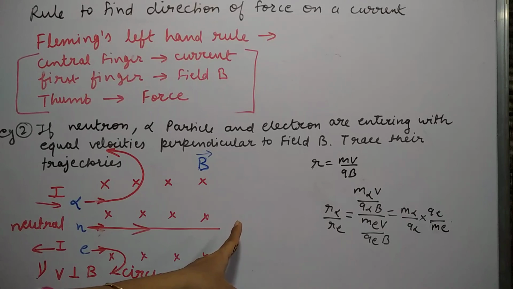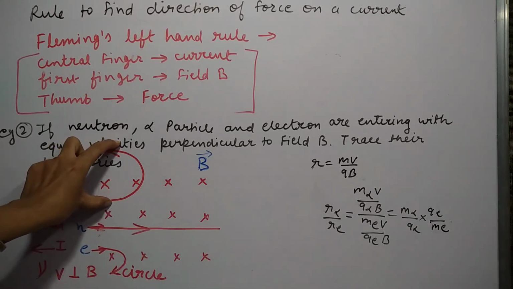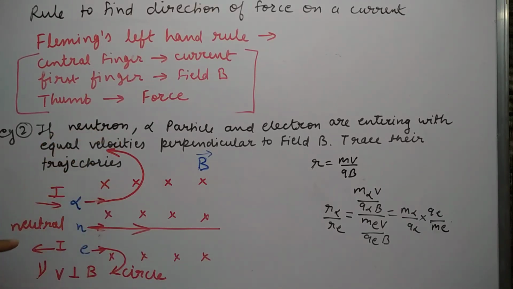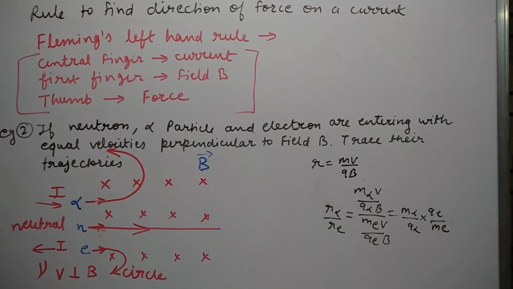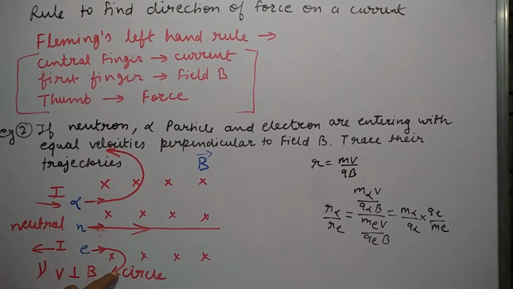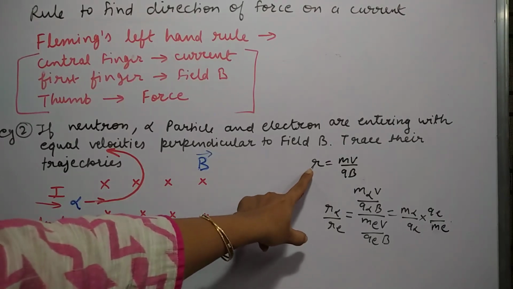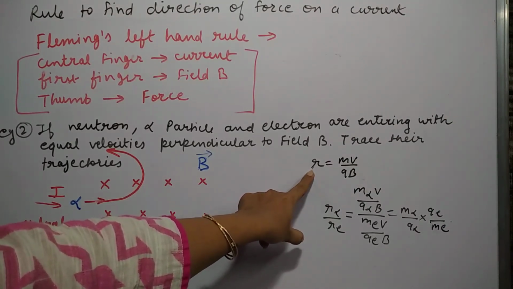Okay, this way. Now I have drawn this alpha particle circle bigger and electron circle smaller. This can be obtained from this R equal to mv upon qB formula.